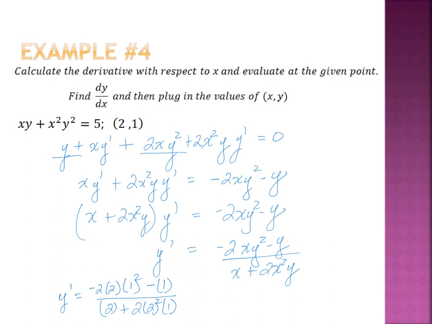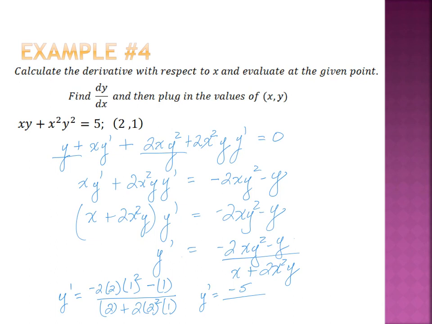So doing a little bit of math, I get y prime is equal to negative 2 times 2, negative 4, times 1, still negative 4, minus 1, negative 5 on the top.